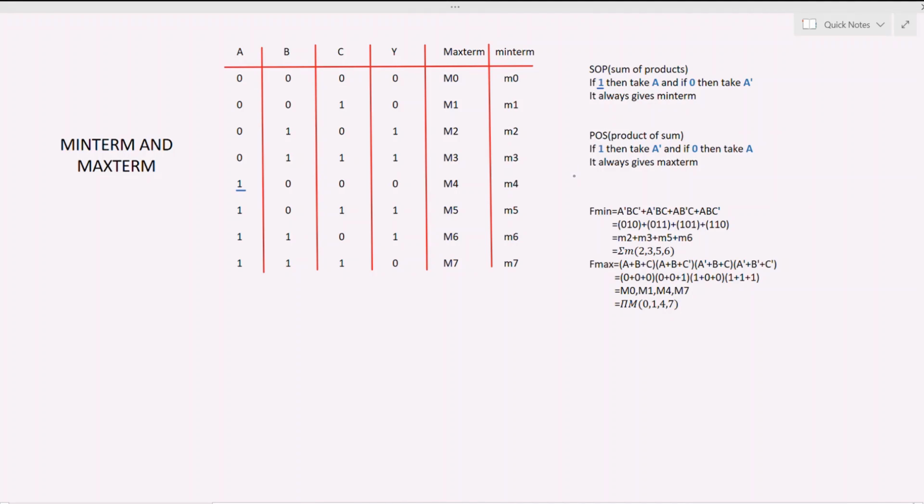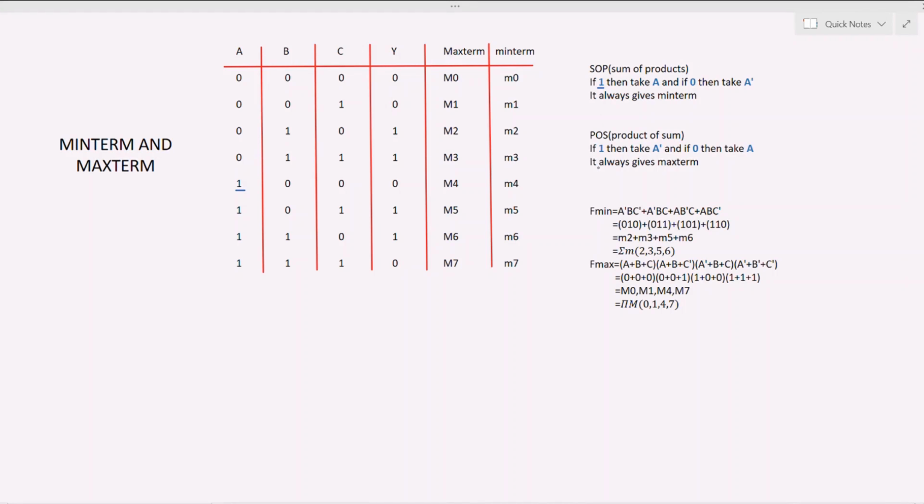And if we have to write the equation for the maxterms, then we need to write it in product of sum form. It should be standard POS form, and here it is a reverse process. Like in SOP we took that if the variable is 1, then we take it as the variable itself, and if it's 0, it is the complement of the variable.